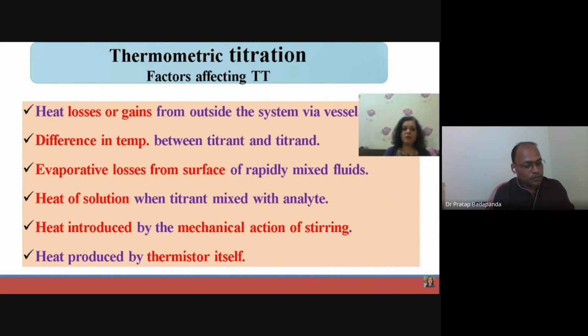The heat of solution when titrant is mixed with the analyte. Heat introduced due to the mechanical stirrer. I am applying the stirring process so that the analyte and titrant get mixed. Due to that mechanical action, does it introduce any heat into your solution? And heat produced by the thermistor itself. So, these are the basic factors which will affect your titration.